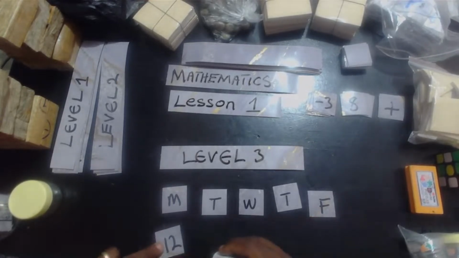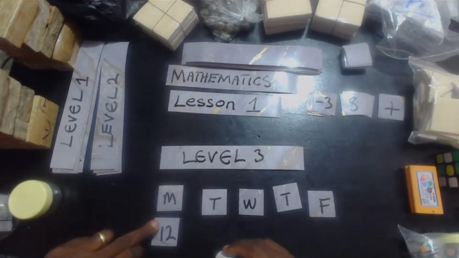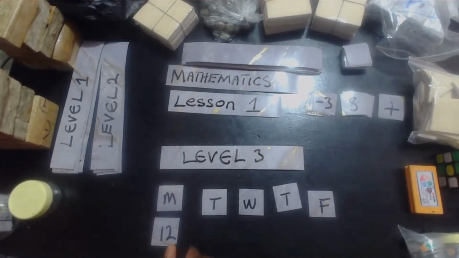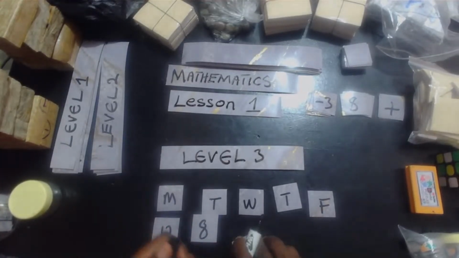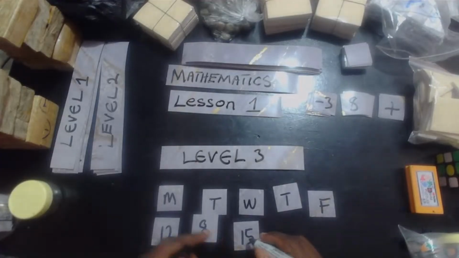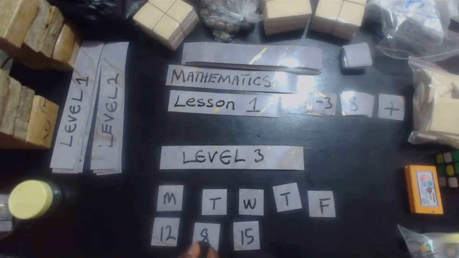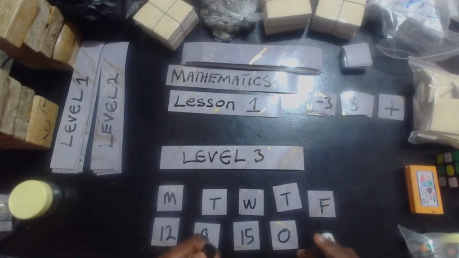So in relation to this daily catch, let's say Monday he caught 12 fish. Tuesday he catches 8. Wednesday he catches 15. Thursday he catches 0.